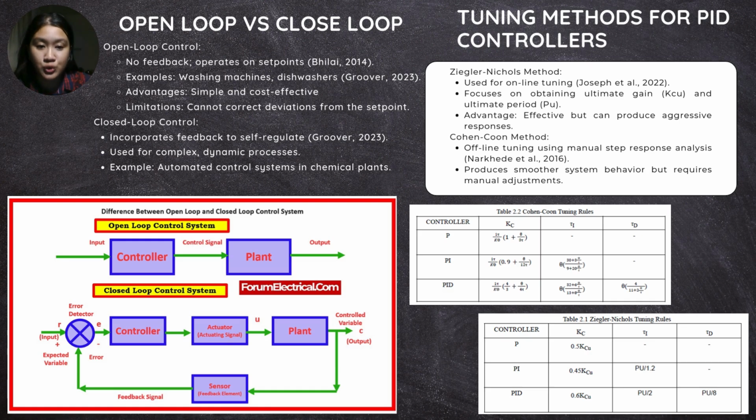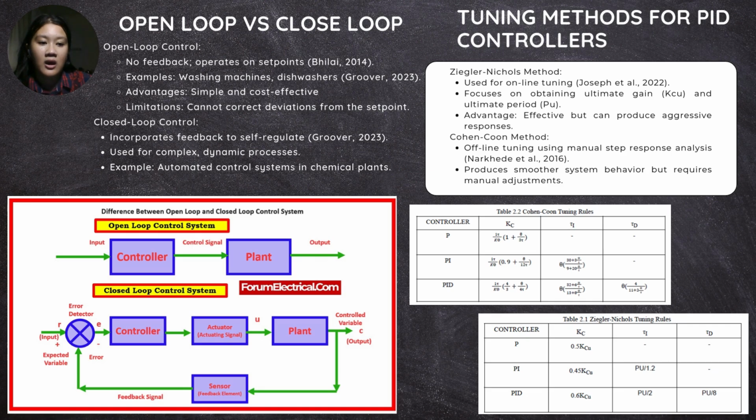Then we have a controller here, and after the controller we have an actuator. The actuator is where it changes based on the sensor and the feedback elements, and then after that we go to the plant.